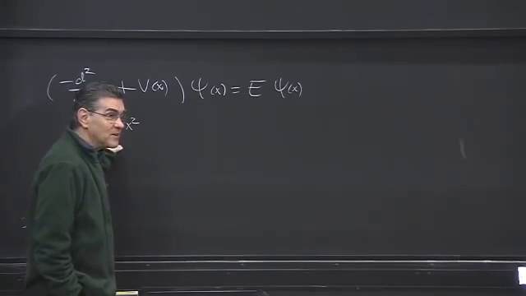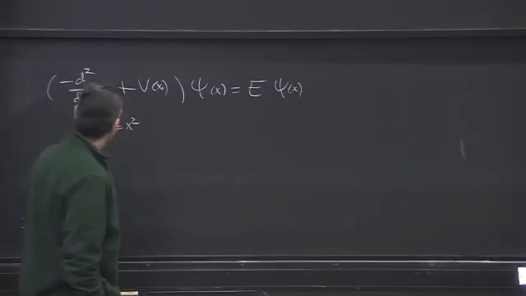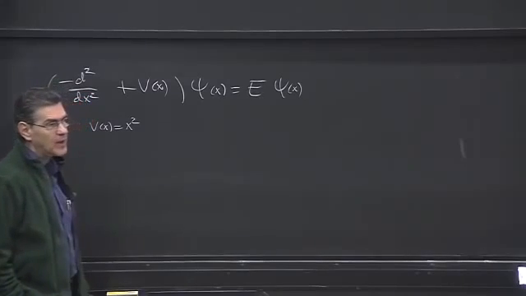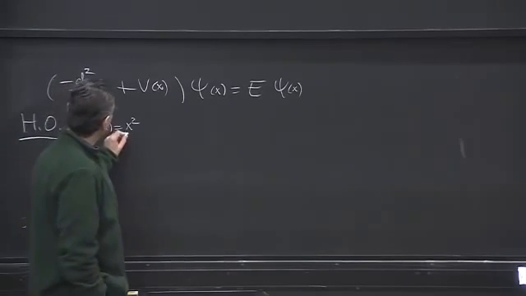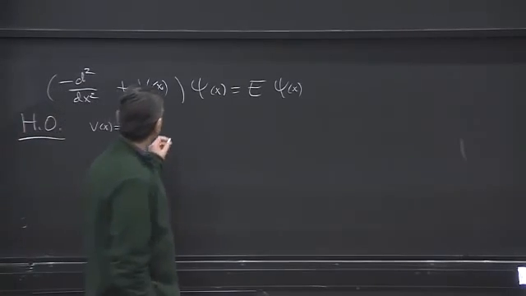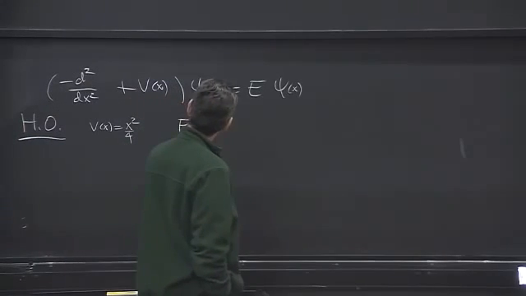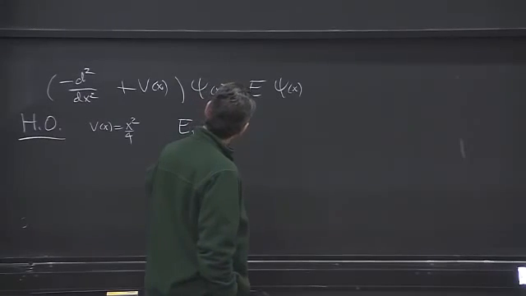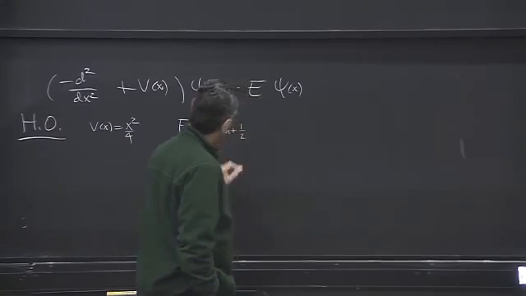The only other one is the hydrogen atom. But this is the harmonic oscillator problem. And for example, if I put in a 4, I like to normalize it that way, then the eigenvalues E sub n come out to be n plus 1/2.